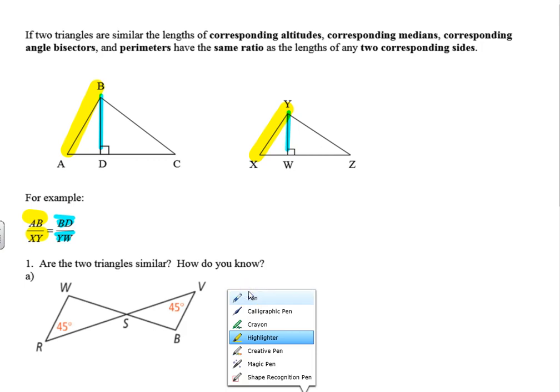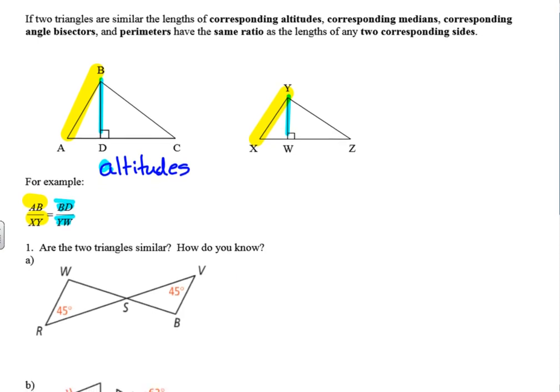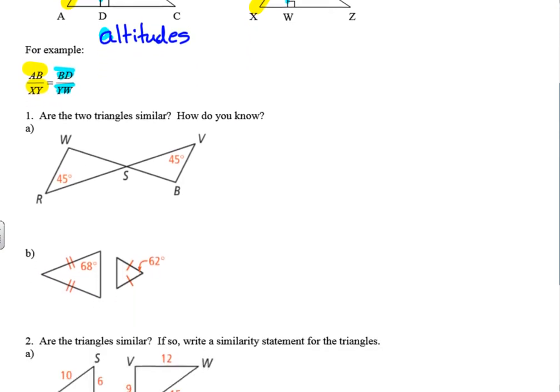In this case, those are altitudes. And that would also be true for medians, angle bisectors, and perimeter.